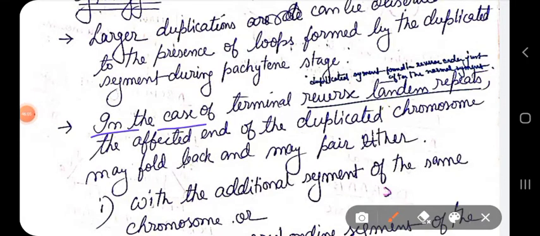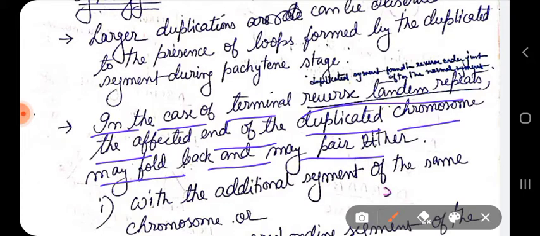In the case of terminal reverse tandem duplication, that means the duplicated segment is found in reverse order after the normal segment, the affected end of the duplicated chromosome may fold back and may pair.